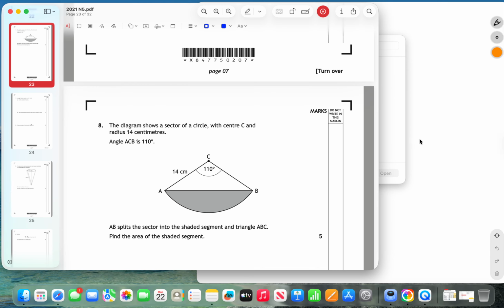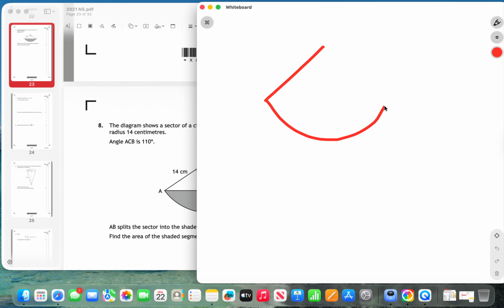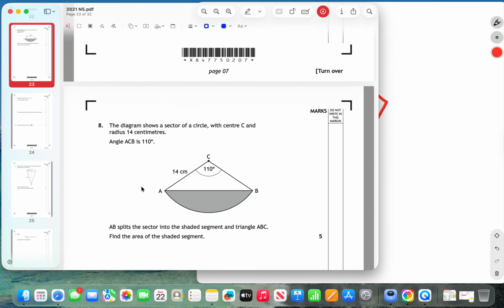The first thing you notice is you have a sector. But you have the bit shaded out, so you need to find the shaded part.